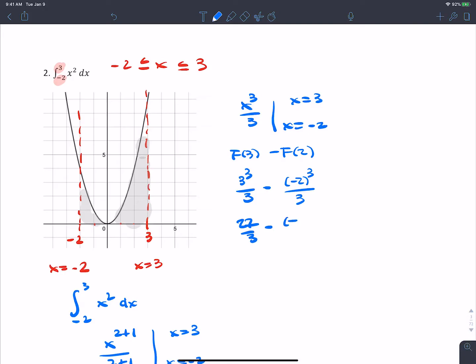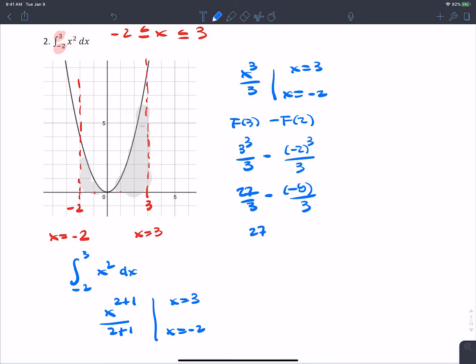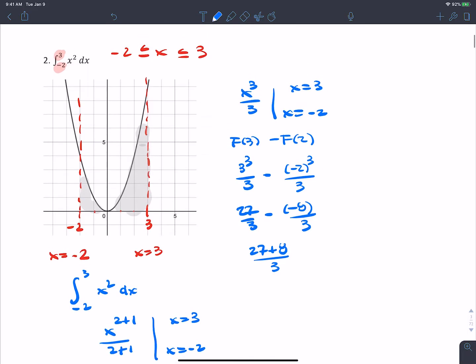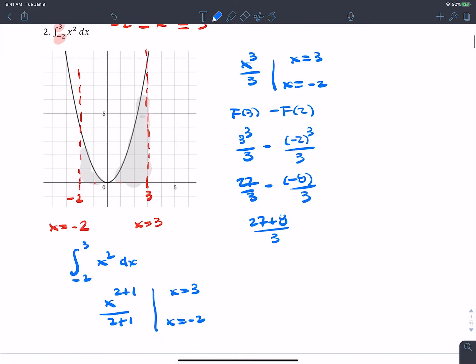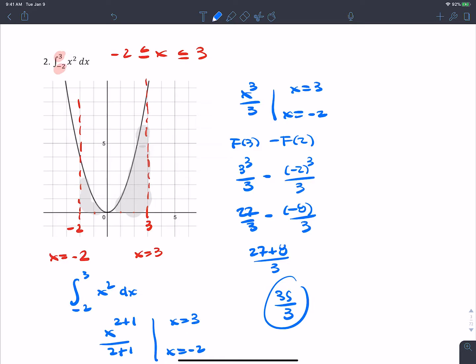Minus a -8 over 3. And so this is going to be 27 plus 8, both over 3. What do you guys get? What's 27 plus 8? 35. Yep. So our answer is going to be 35/3. So we found the area under the curve between -2 and +3. Okay, you guys okay with that?